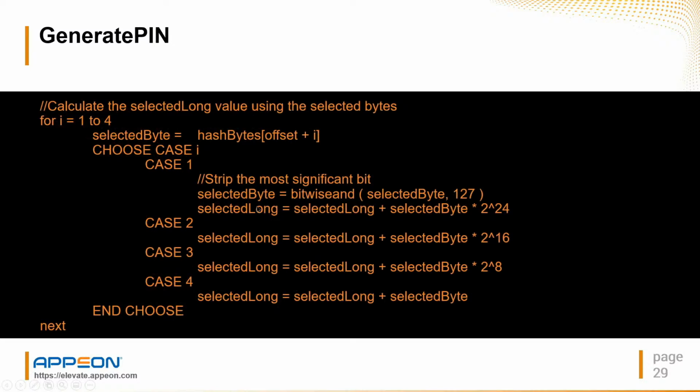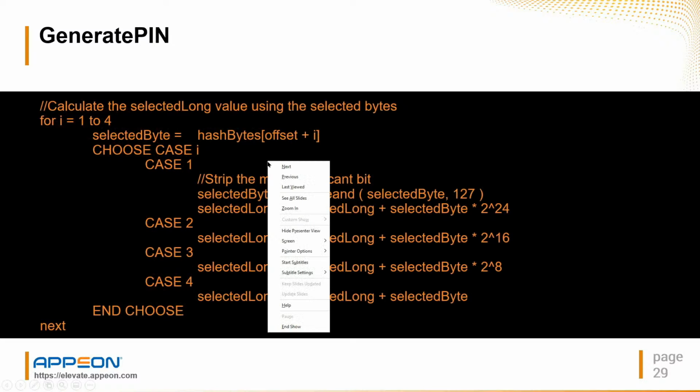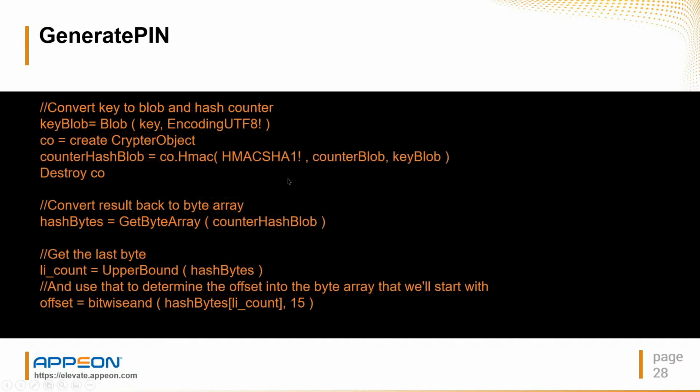Oops, too far, too fast. Go back. I'm going to turn that into a byte array, and then we get the last byte. We need to do a bitwise AND with it with F, which is 15 in decimal. So that gives me my offset.